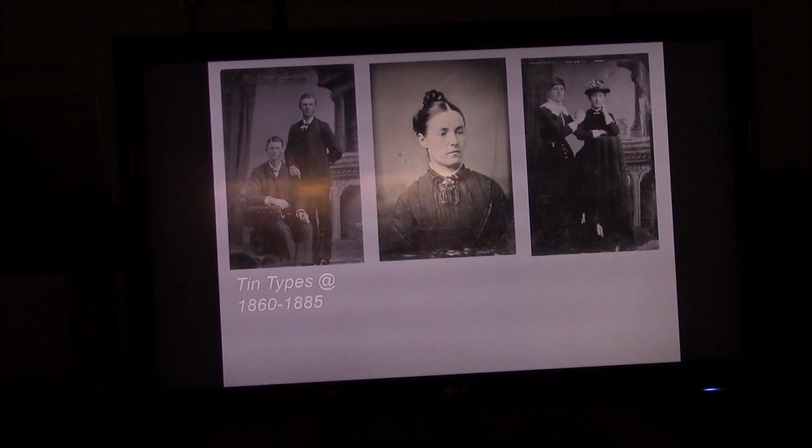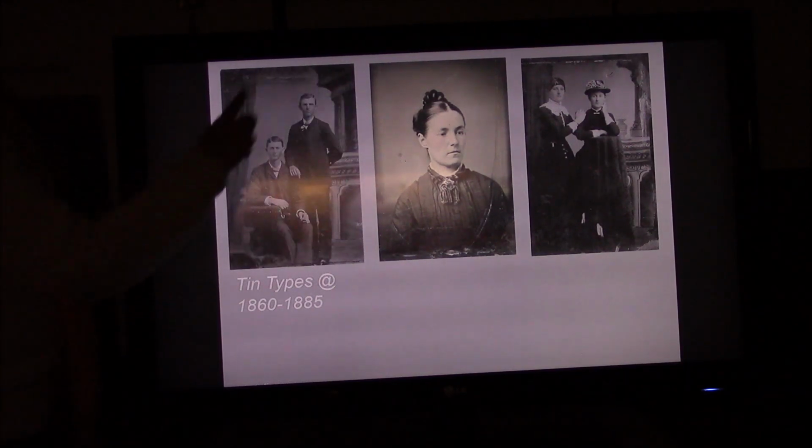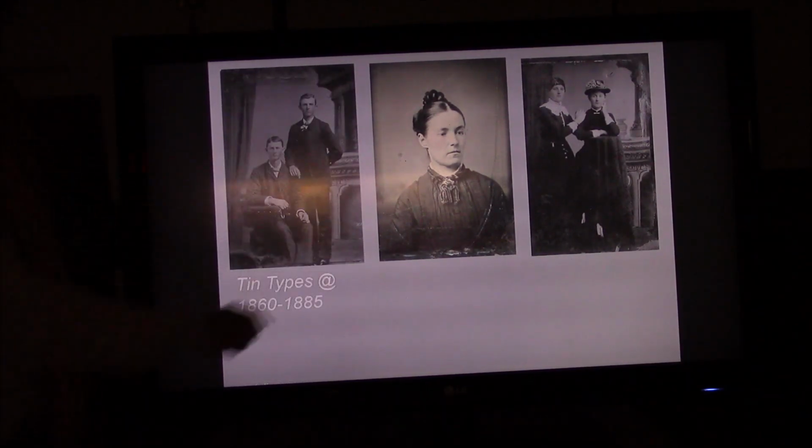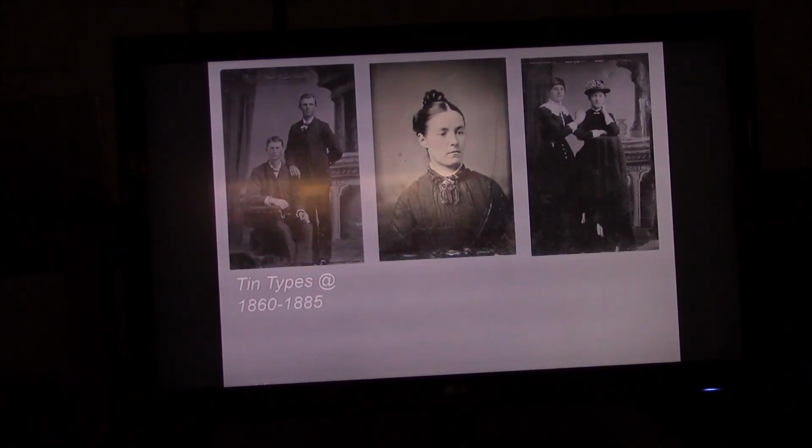But one of the things you'll notice in this era, and I apologize, my clicker doesn't work, look at the background of the photo of the two gentlemen. It is the exact same background of the photo of the two women, but they're not related. They just happen to have been taken at the same photography studio.